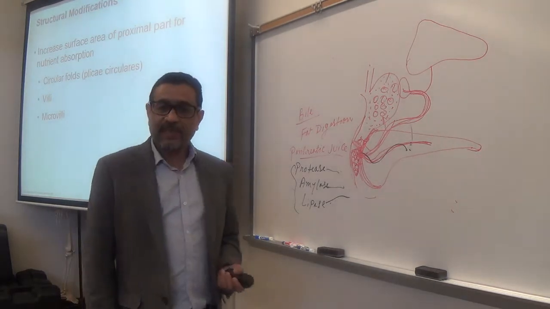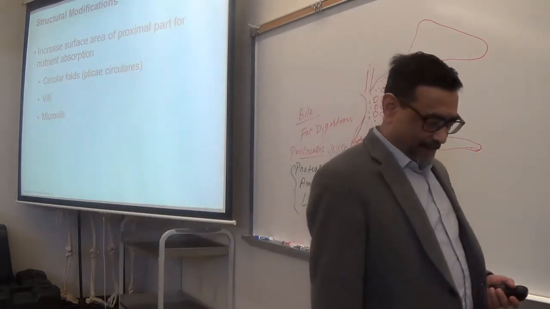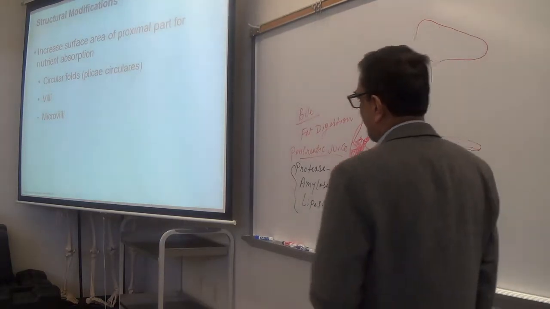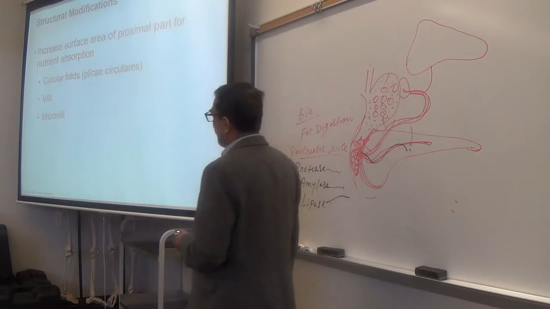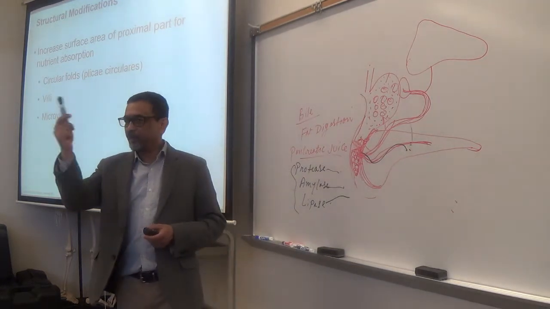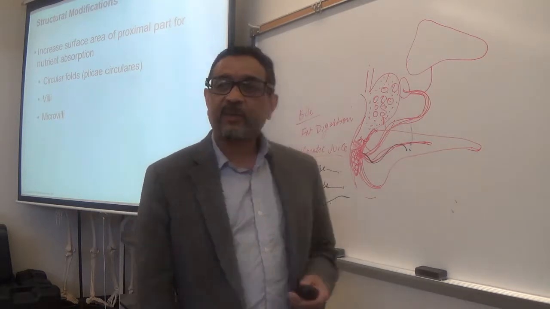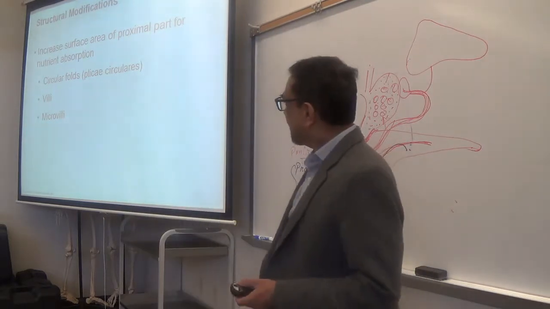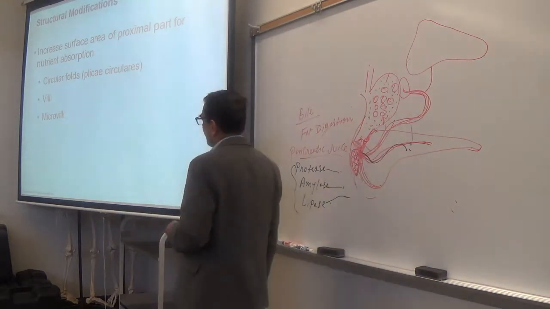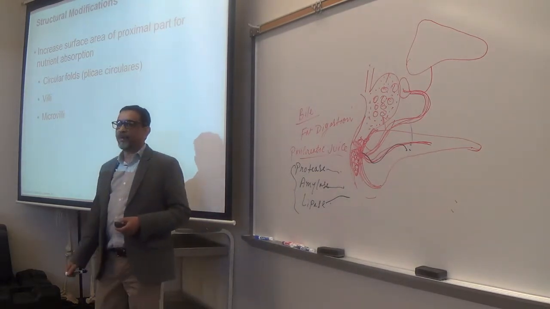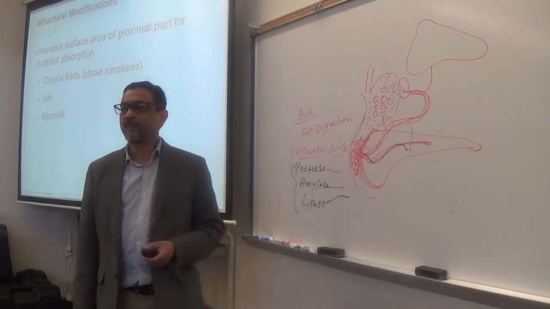Now, if you see the inner surface of the small intestine, you will see many circular folds like this. Those are called plica circularis, circular folds. Then on the plica circularis, you have villi, and on the villi, you have microvilli.